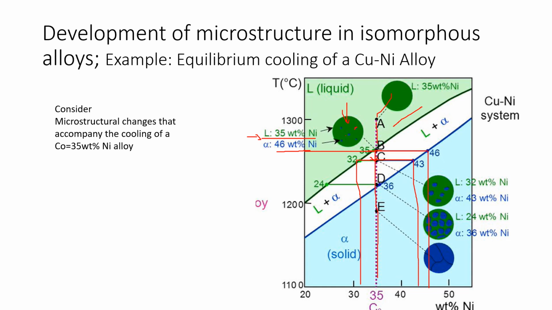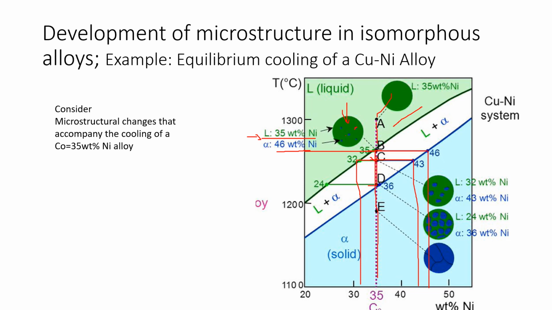And similarly, if we draw a perpendicular line over here, we can reach the 43% by weight of nickel. So at this point, the solidification process is virtually completed at about 1220 degrees centigrade, point D.